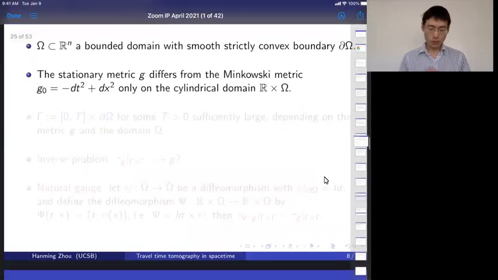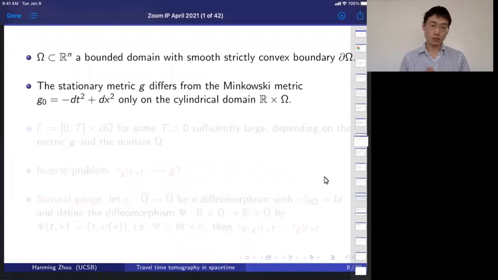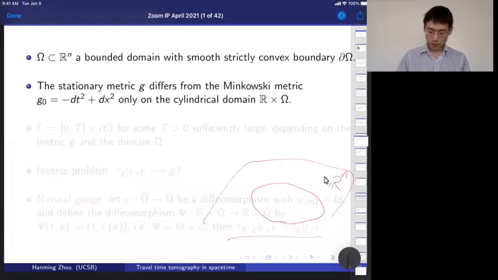Then we assume that the stationary metric of our problem differs from the standard Minkowski metric only in this cylindrical domain, R cross omega. So we have this omega in the R^m plane, and then we have this cylindrical domain.